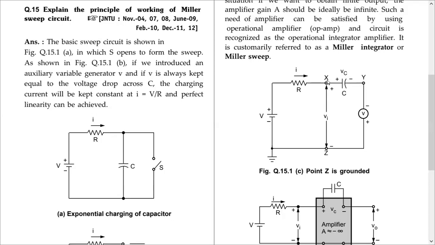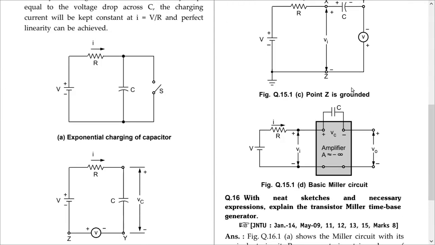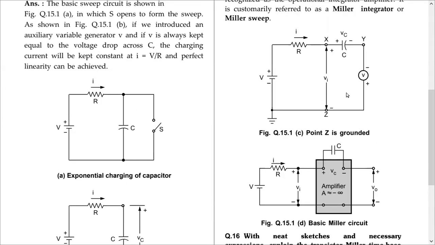This acts as a virtual ground. A constant current is forced through the capacitor, and we discussed that if we force a constant current through a capacitor, we get linearity. This is the basic circuit, and for it we need an amplifier with infinite gain, because the voltage here is 0 and we are expecting some voltage at the output.